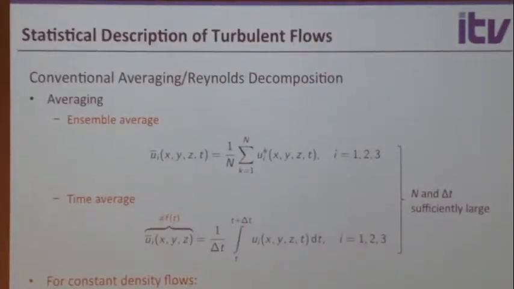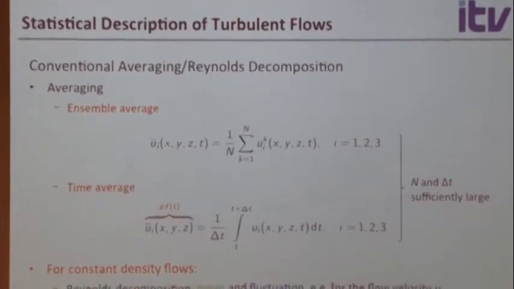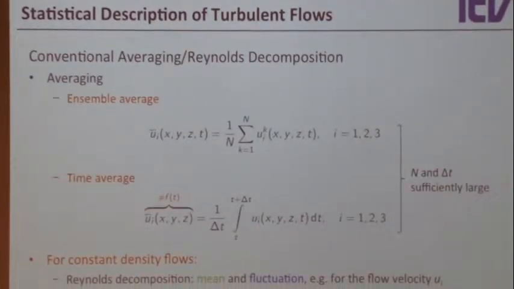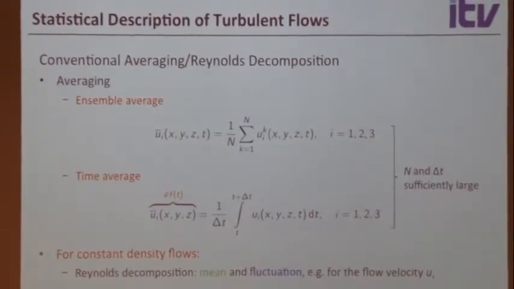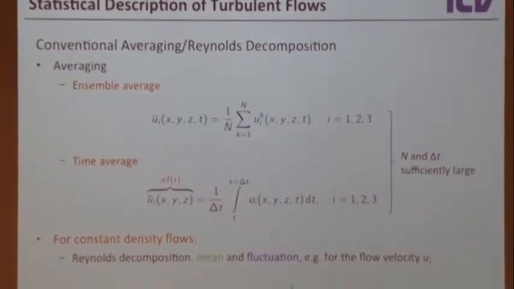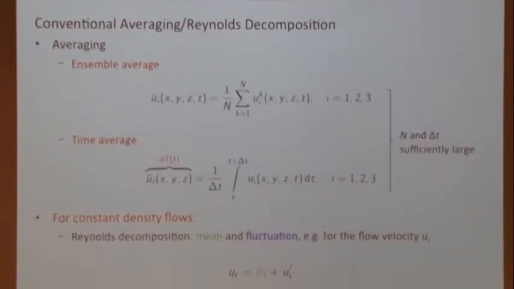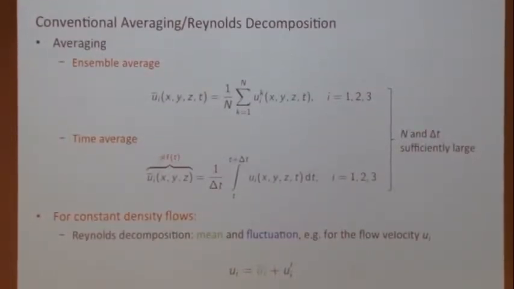If it's statistically stationary, we can get the mean just by doing a time average, a time integration. However, if it's not statistically stationary, you cannot do this, because delta t always needs to go to infinity. You cannot do a time average over a short time span. It's not possible, so you need to do something else.